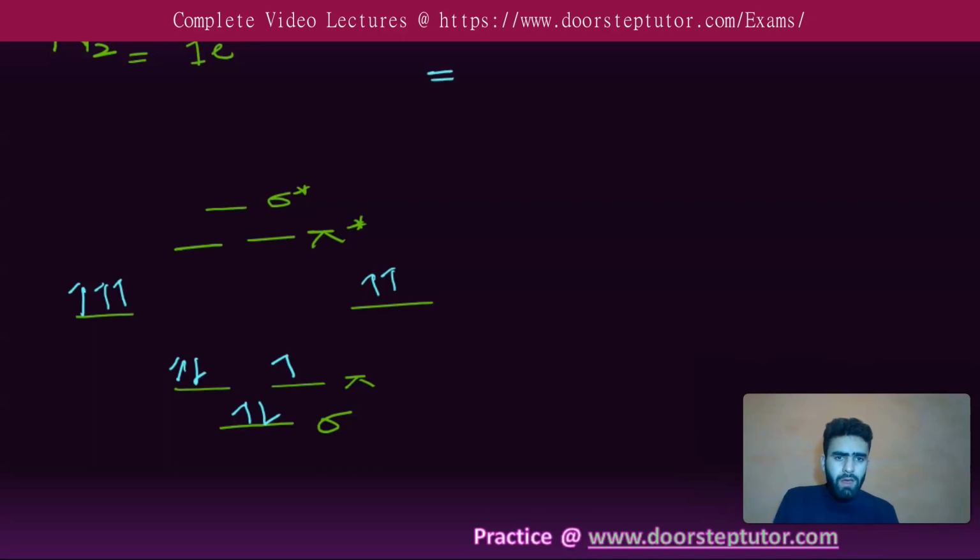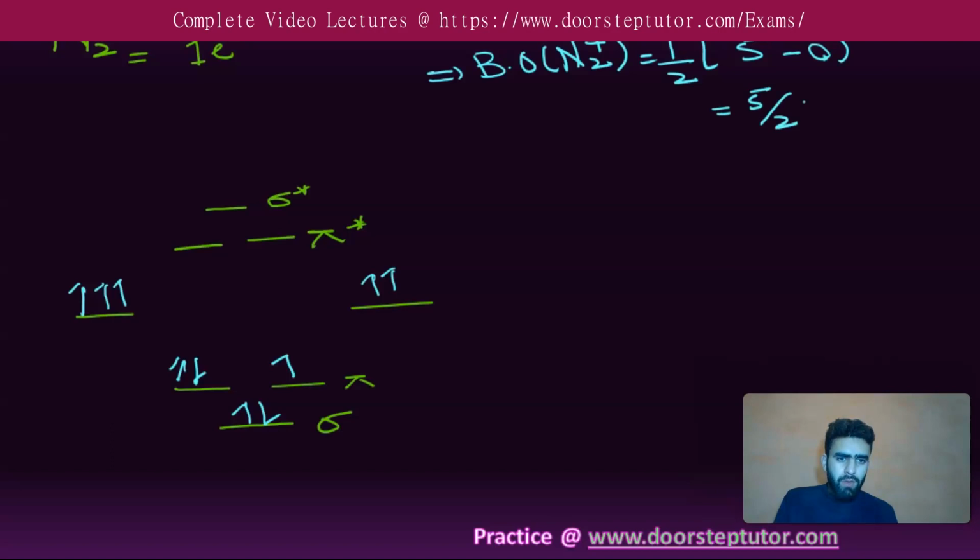Now if I calculate the bond order for N2 positive, it will be 1 divided by 2 times the number of electrons in bonding molecular orbitals, that is 5, minus the number of electrons in antibonding, that is 0. So the total will be 5 divided by 2, which is 2.5.